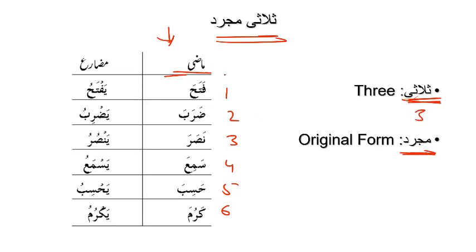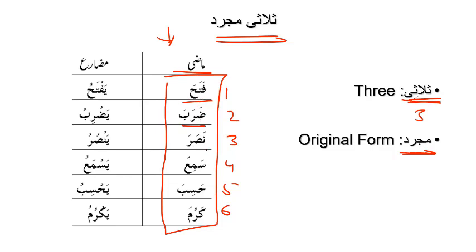The reason is when you look at all these 6 babs and you look at the past tense, in the past tense only the 3 core root letters are used. So for Fataha, and there are many other verbs where the past tense only has 3 letters and there is no other letter that's included in the past tense.